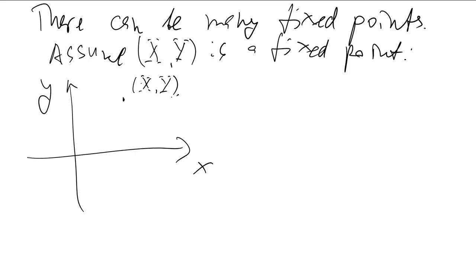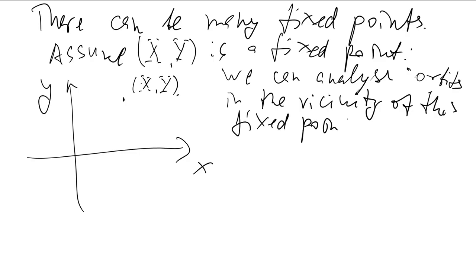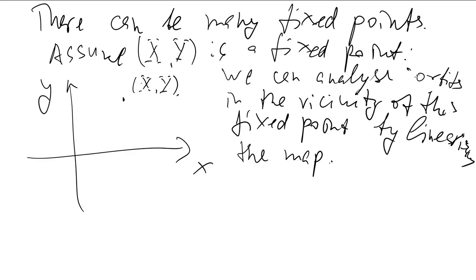Then we can analyze the behavior of orbits in the vicinity of this fixed point by linearizing the map.